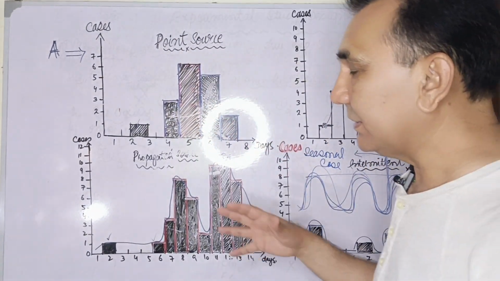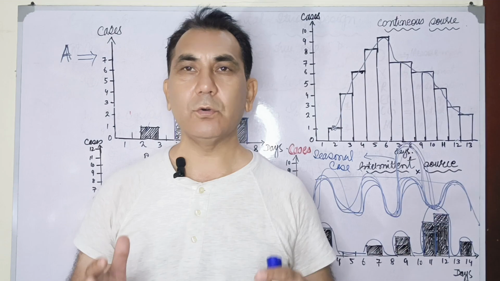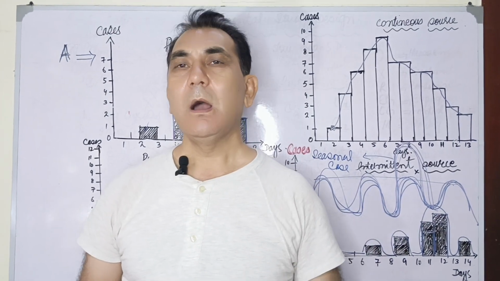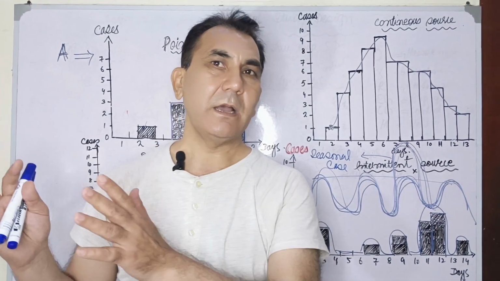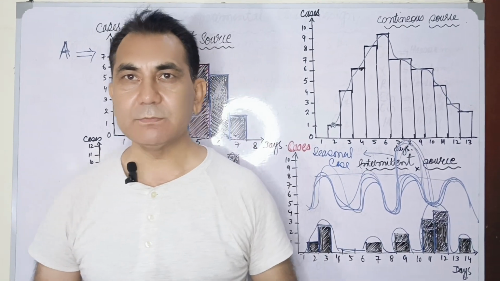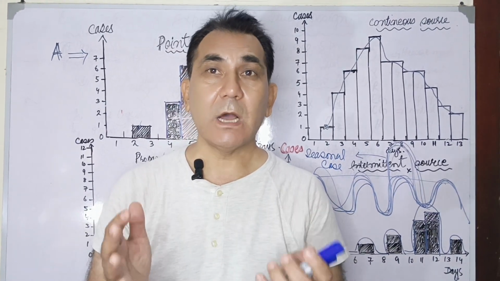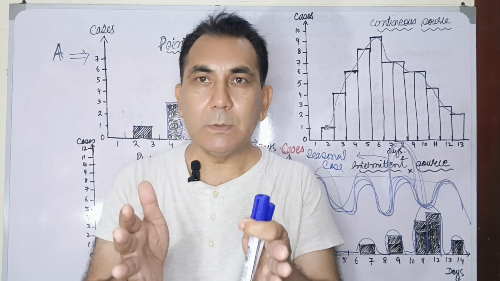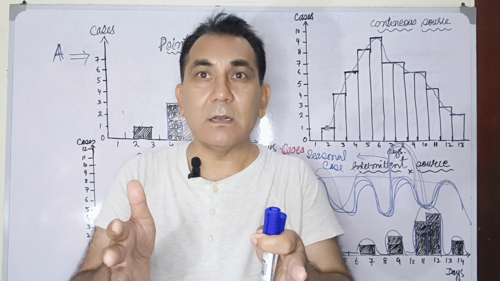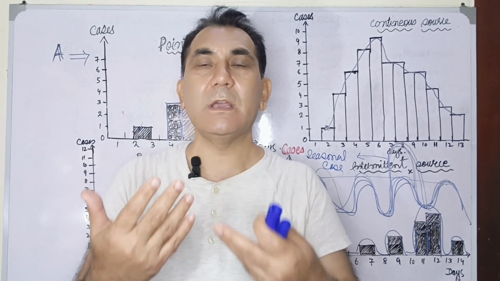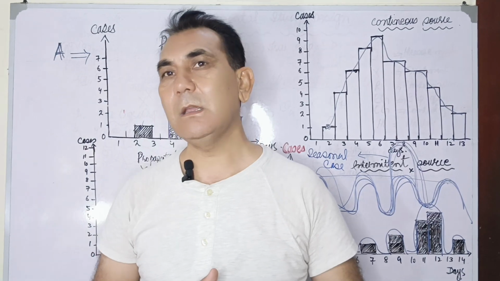The second point is that the epidemic curve is mostly used for outbreak investigation. In outbreak investigation, you can determine whether the disease is endemic or has become an epidemic. As I told you in my previous lecture, the difference between an outbreak and an epidemic: an outbreak always happens in a small group of people in a small specific geographical area, with an increased number of cases from the usual or expected number of cases.